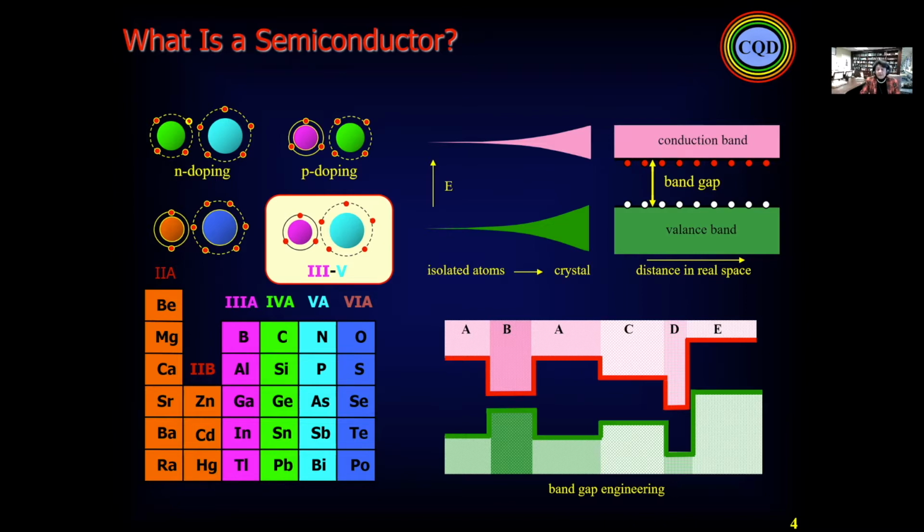If I do the atomic and gap engineering of these binaries, ternaries, quaternaries of the different elements, I can create the light, the lasers from deep UV up to terahertz, or the absorption detector from deep UV up to the far infrared.